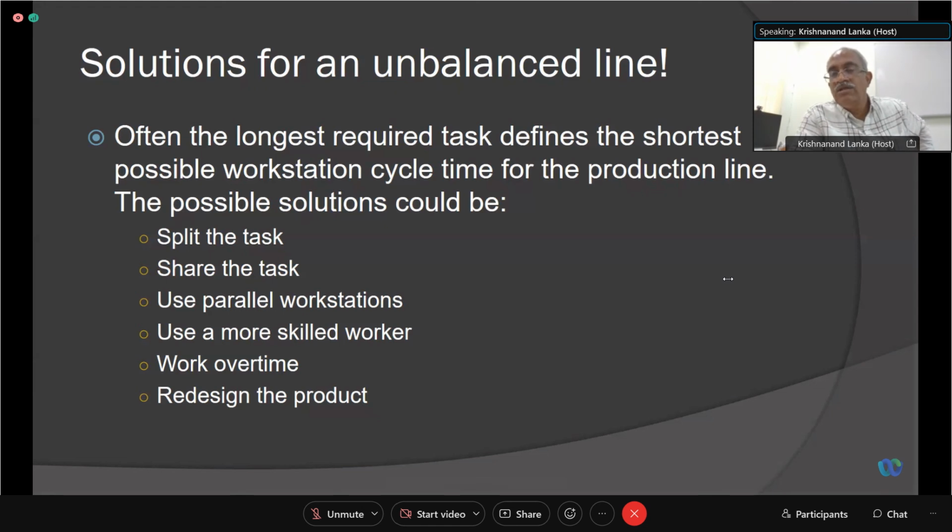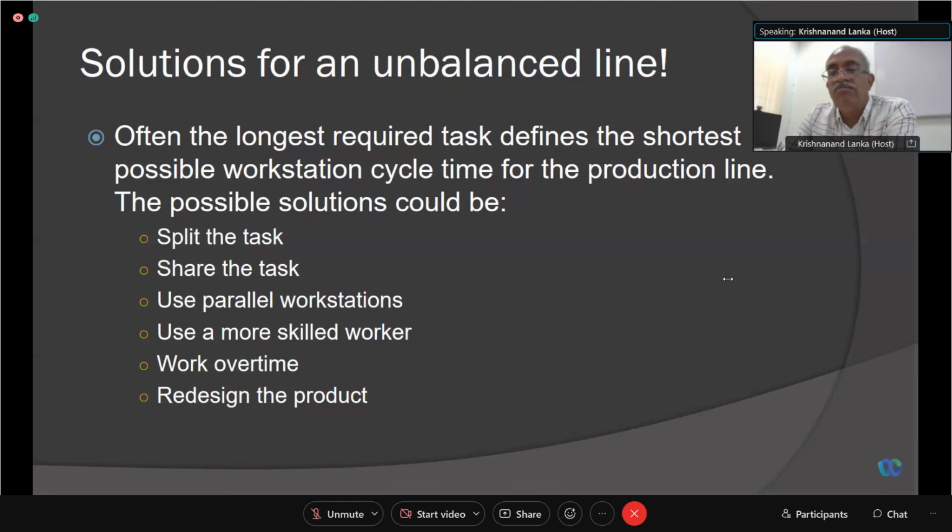So sometimes an expert, a skilled worker, can solve your problem, or you can work overtime. Working overtime means, normally, to clear the backlog because you are acting as a bottleneck.